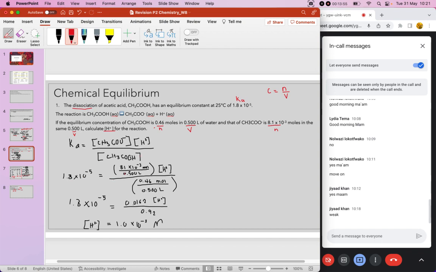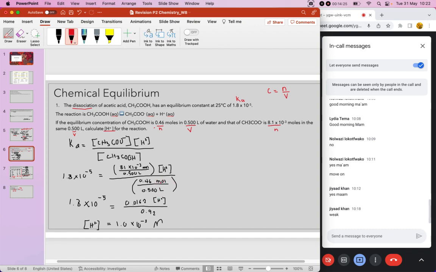Remember, with the concentration of the CH3COO minus, we are given the number of moles and the volume. Hence, I wrote this bracket to show how you can calculate the concentration of the CH3COO minus multiplied by the concentration of the H plus, divided by the same with the acetic acid, the reactant.